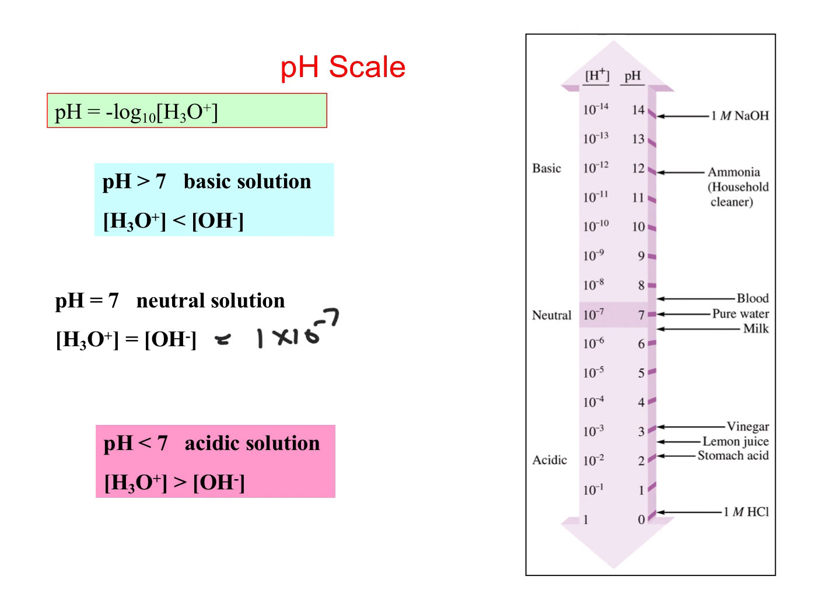Because if they're both 1 times 10 to the minus 7, then when I multiply them by each other, I'll get 1 times 10 to the minus 14, which is Kw, which is what the product of H3O+ and OH- has to be. So when the pH is 7, we consider that solution to be neutral because the hydronium and hydroxide ion concentrations are equal to each other. That's sort of the middle of the pH scale.